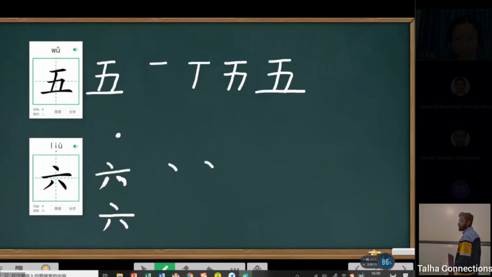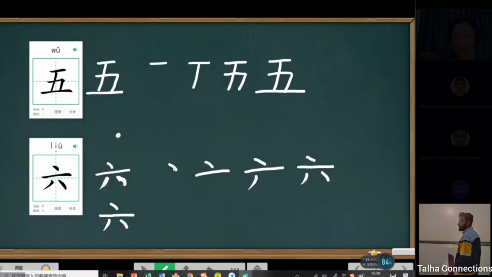First and second. Okay, that's the order of the strokes. You write the dot at first, and then the horizontal stroke, and this one and that one.